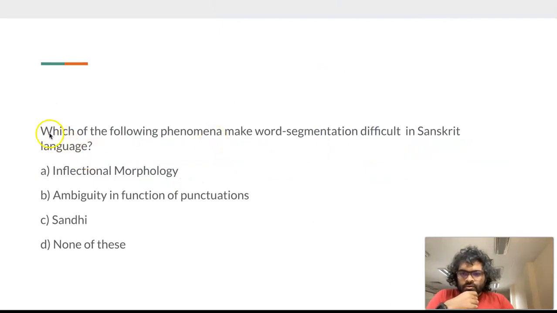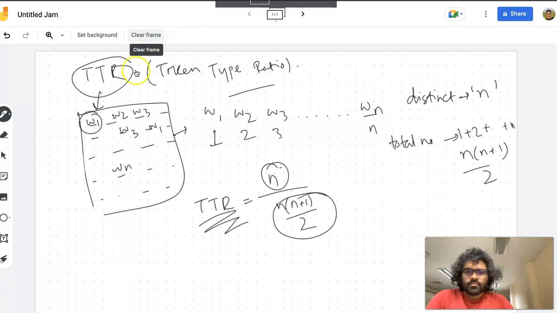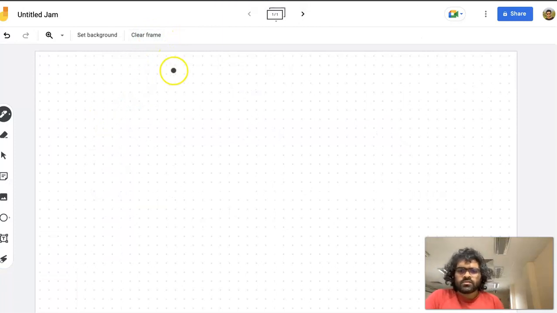Okay, so what is the question? Which of the following phenomena make word segmentation difficult in Sanskrit language? So what is word segmentation? Basically this is quite easy.